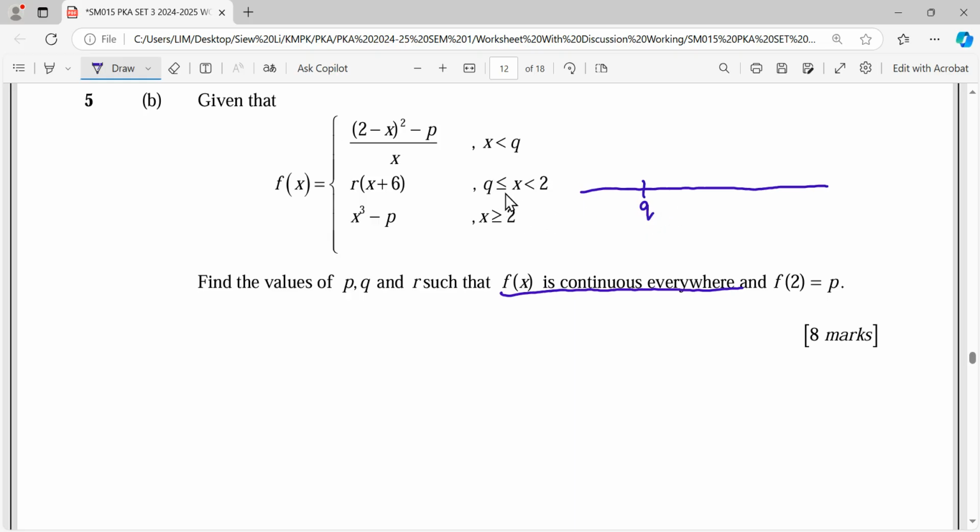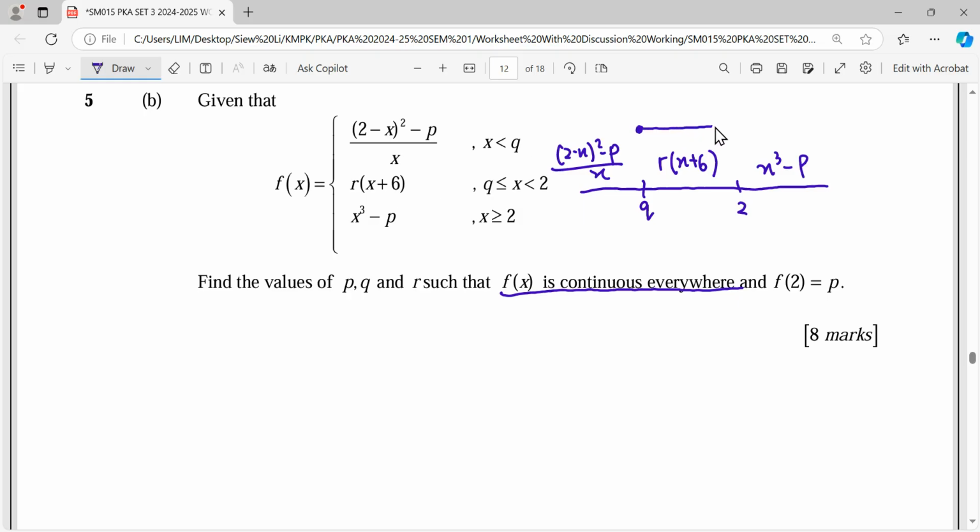You have q. Less than q is this function. Then q to 2 is this function. After 2 is the QB function. Alright? And then we notice the point. You can see the Q point, equals to Q, is following this.